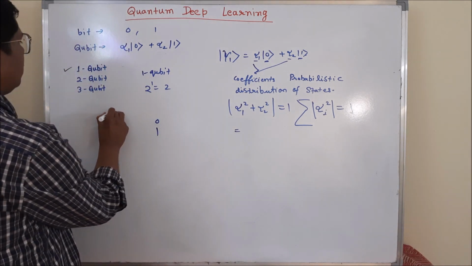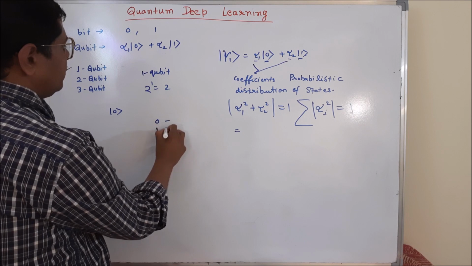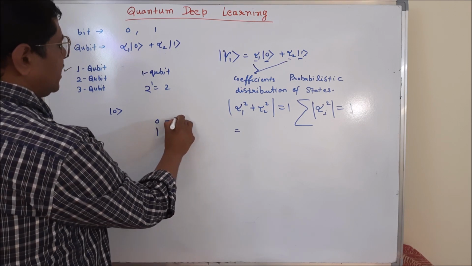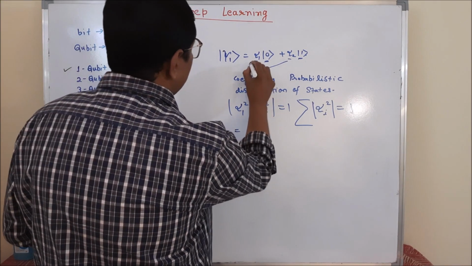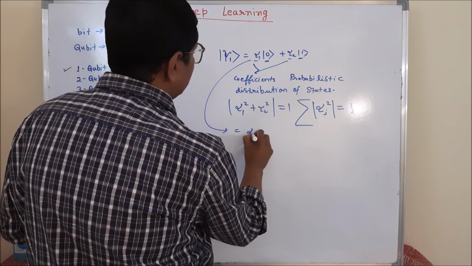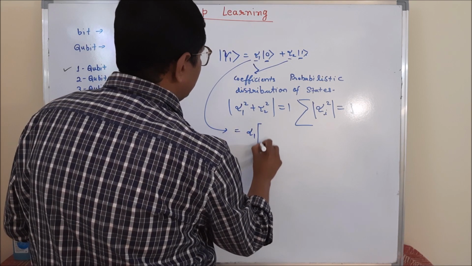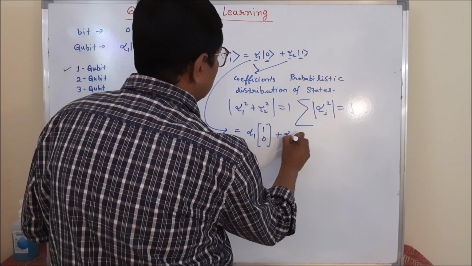Now for 0, we see that 0 is present here. So in one hot encoding, what do you do? You will write 1 here and 0 here. So now we can transfer this like alpha 1 and then vector 1 0 plus alpha 2.